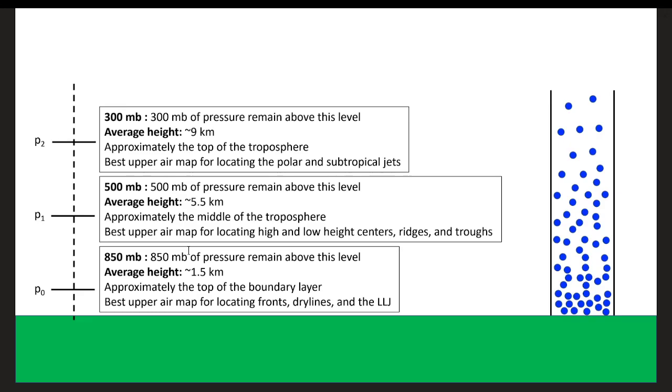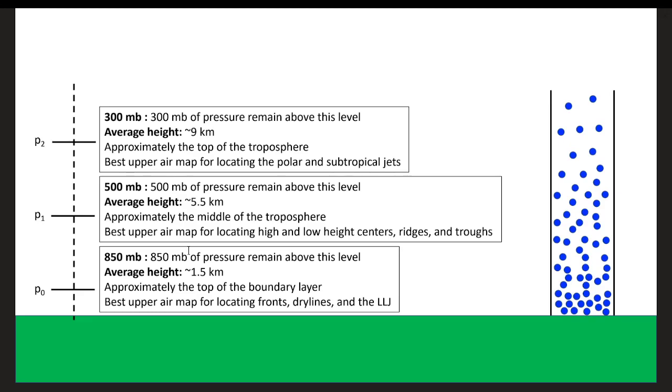So then let's go to the top of the atmosphere, 300 millibars. This means that only 300 millibars of pressure remain above this level. So the height is around 9 kilometers. This is about the pressure at like Mount Everest. It's hard to breathe up there.